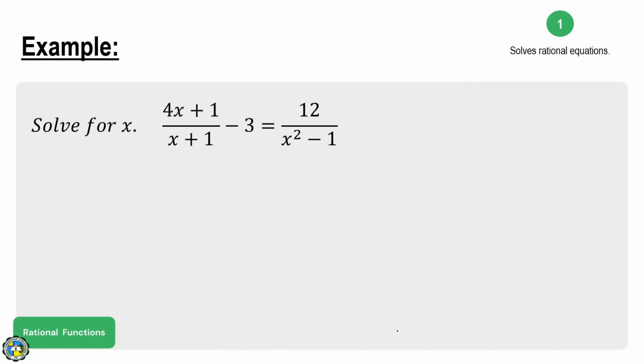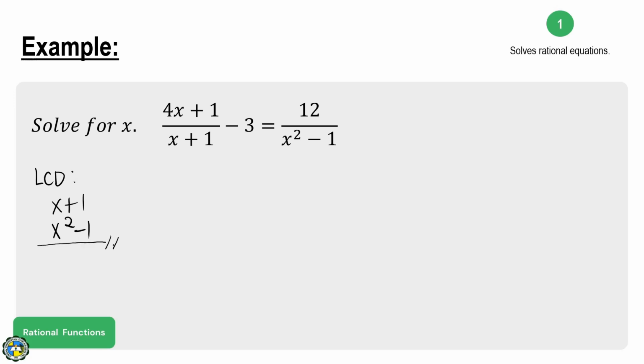Another example. Solve for this. We have our LCD, x plus 1, and then x squared minus 1. Okay, so as you can see, no, meron tayong tinatawag na x squared minus 1.